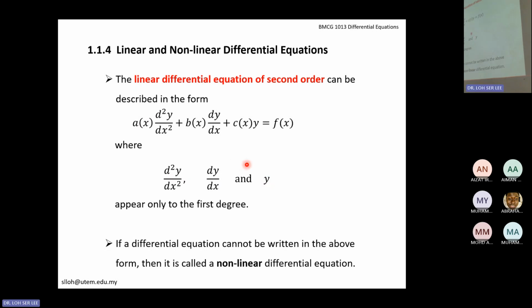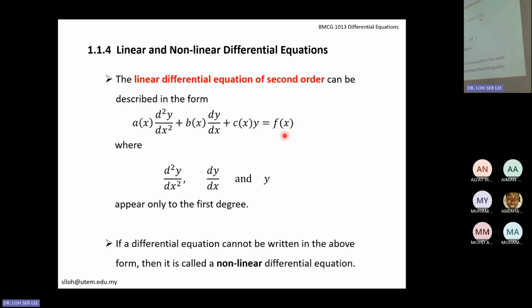And the second criterion: the independent variable is x, right? So the coefficient functions for all of these must be functions of x. And also the right-hand side function.